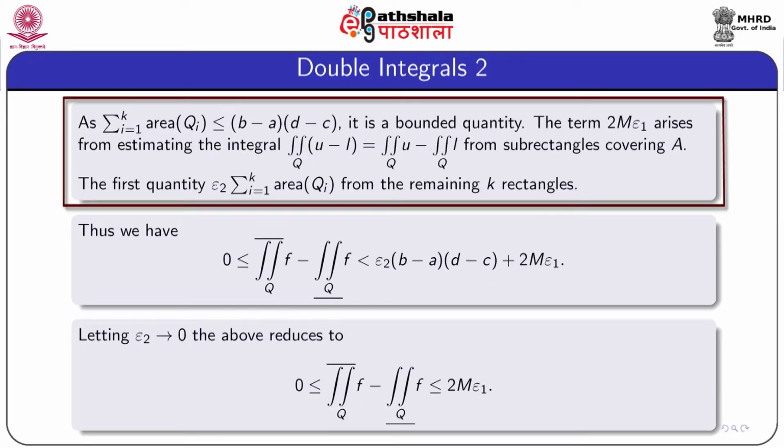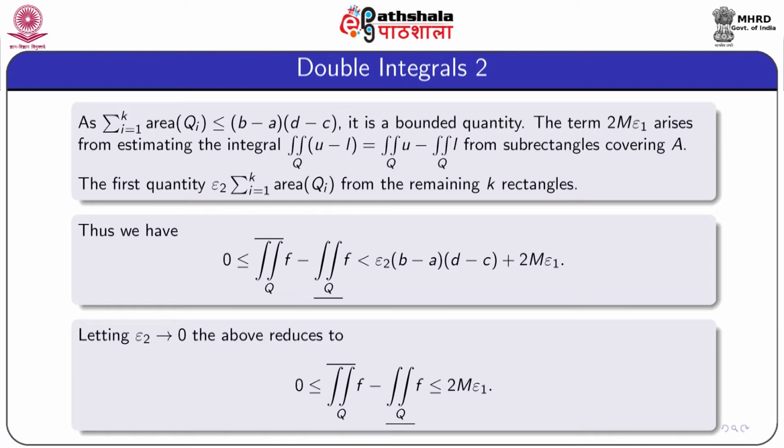Clearly, Σ (i from 1 to k) area Qᵢ ≤ (b − a)(d − c) is a bounded quantity. The term 2Mε₁ arises from estimating the integral of U − L over Q, which is nothing but the difference of integrals of U and L from subrectangles covering A. The first quantity, ε₂ times Σ (i = 1 to k) area Qᵢ, comes from the remaining k rectangles.